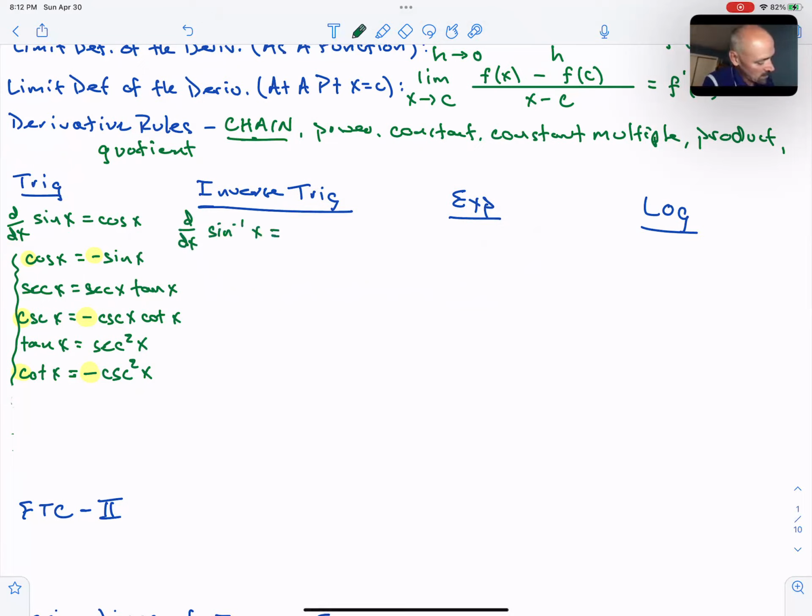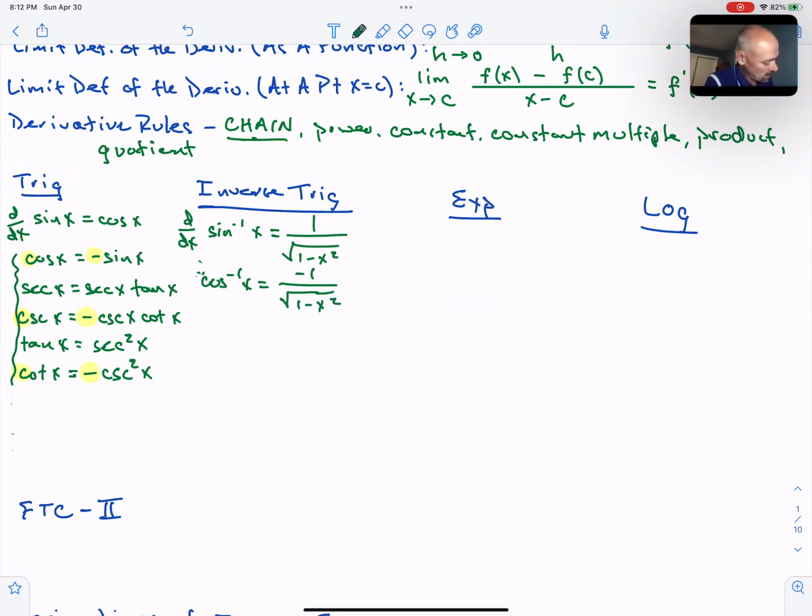So d dx of arcsine is going to be 1 over square root 1 minus x squared. We'll write the d dx again. So we just understood for all of them. So then arc cosine. That one's easy. After we know that one, it's just going to be negative 1 over radical 1 minus x squared.